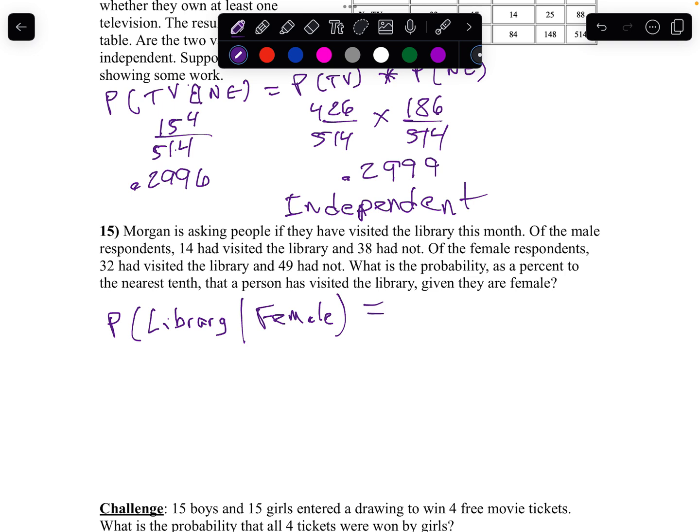I think I'm going to put this in a two-way table so I can see it, but you really don't need to put it in a two-way table. But to make it relatable and easier to explain, I think I'll do that.